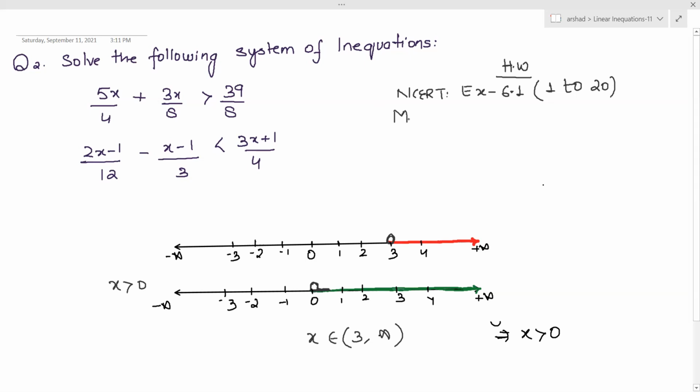After this, miscellaneous. In miscellaneous, you need to do question number 7, 8, 9, and 10. After this, you need to do the assignments. Okay, Nishkar sir will share the assignments with you.